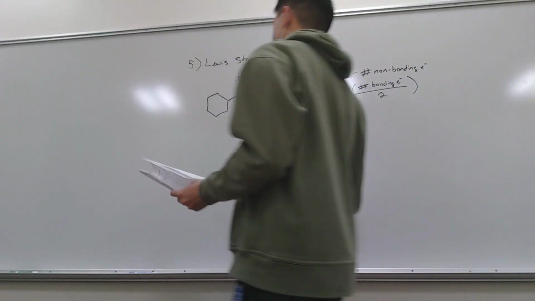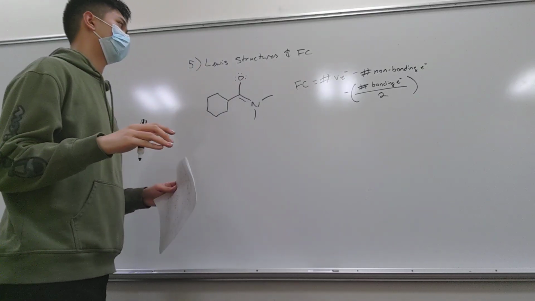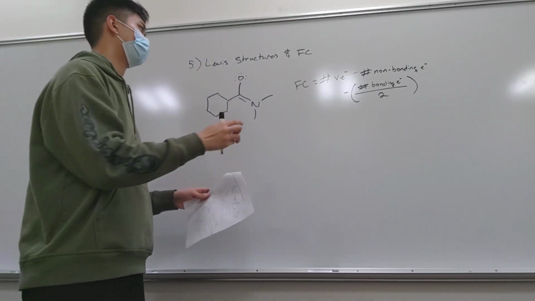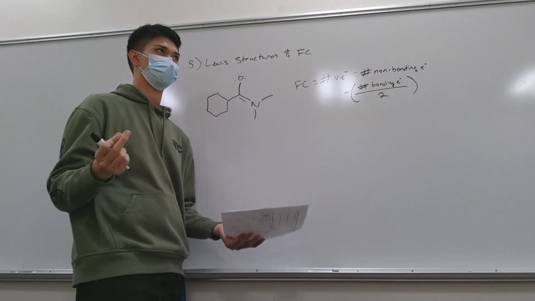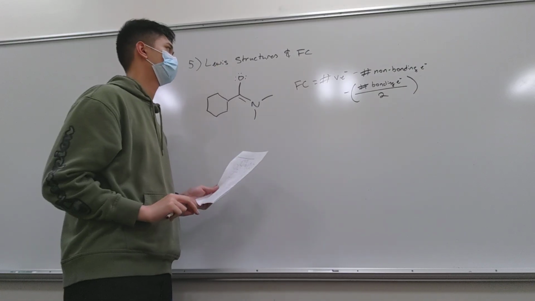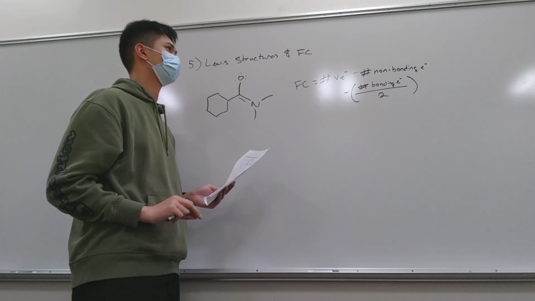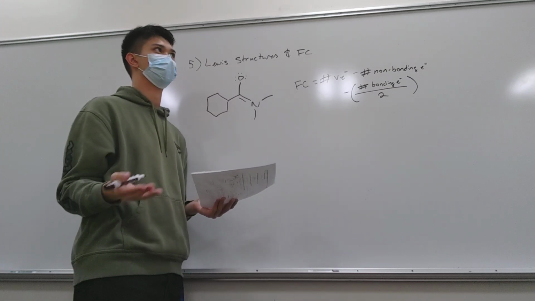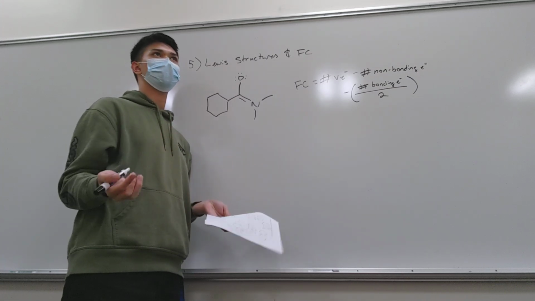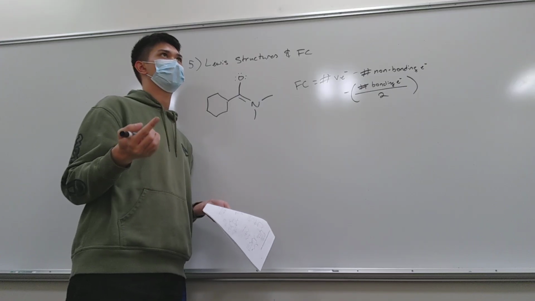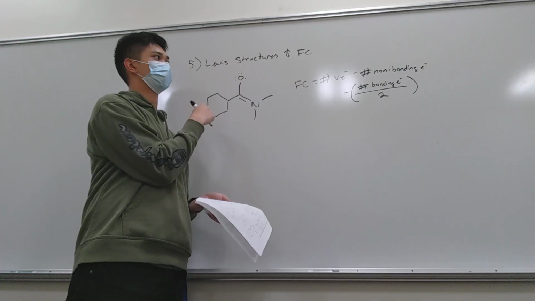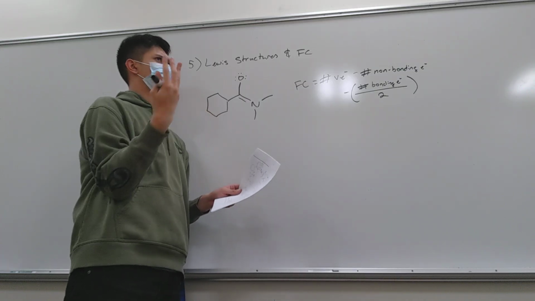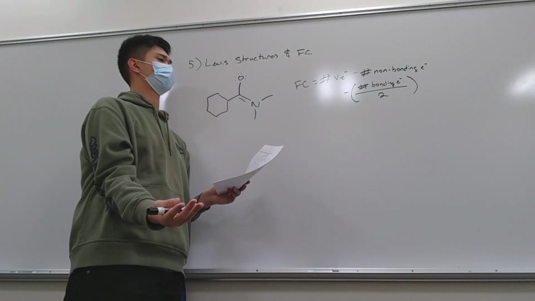Or you can just recognize that if this nitrogen doesn't have one lone pair, then it has a plus charge. You can shortcut it by looking at the periodic table and asking how many valence electrons this atom has. Oxygen likes to have 6 valence electrons.